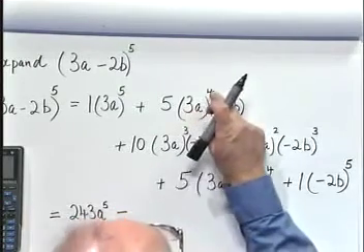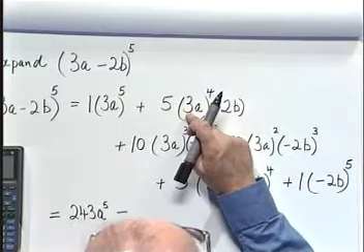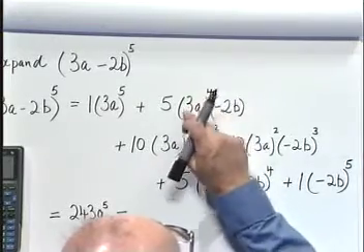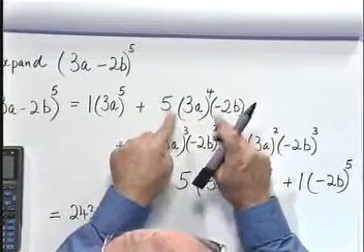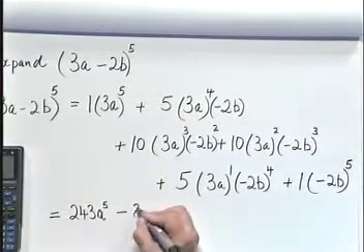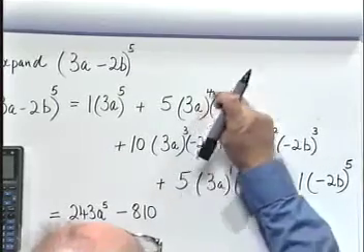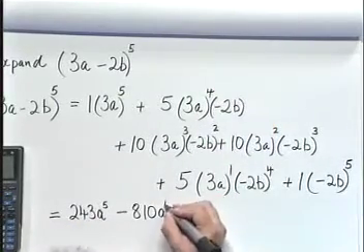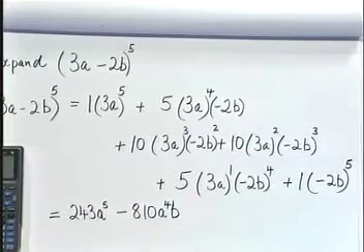We've got 3 to the power 4. Well, I know 3 squared is 9, and 9 nines are 81, so 3 to the power 4 is 81. 5 twos are 10, so I'm going to multiply 81 by 10, which is 810. There'll be a to the power 4 and a single b. So that's my next term.